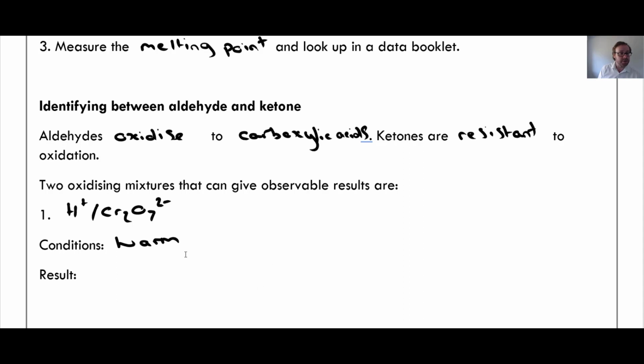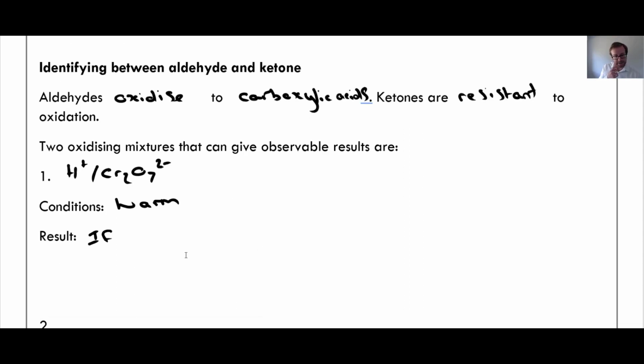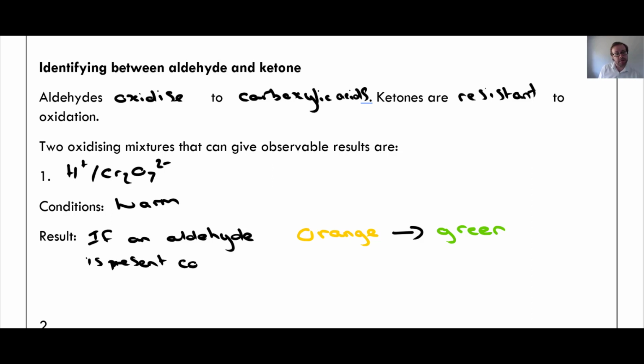If an aldehyde is present, we will see a colour change of the solution from orange to green. This is exactly the same as the oxidizing mixture we use to oxidize primary and secondary alcohols.